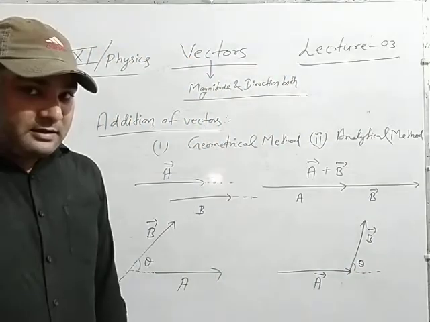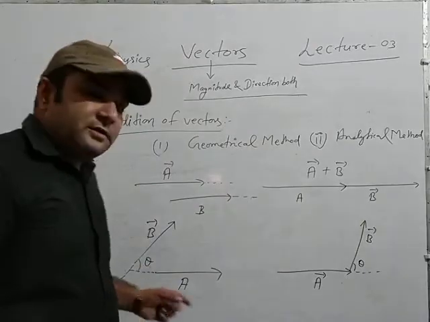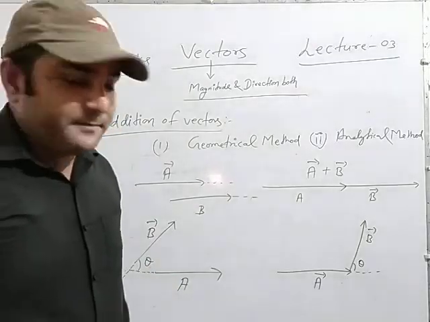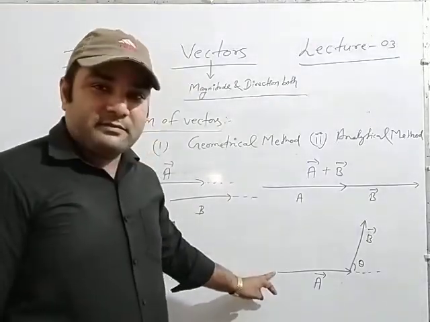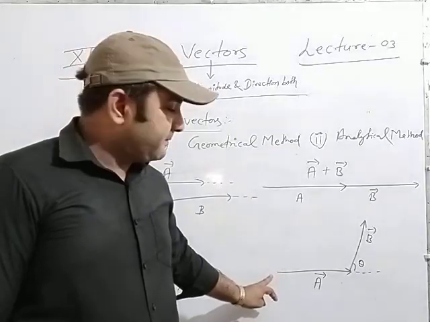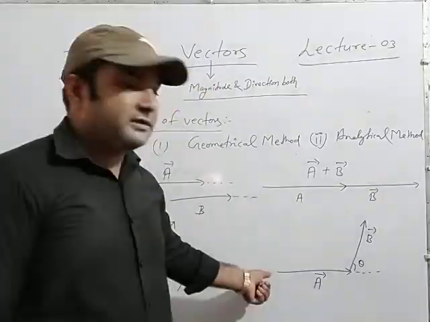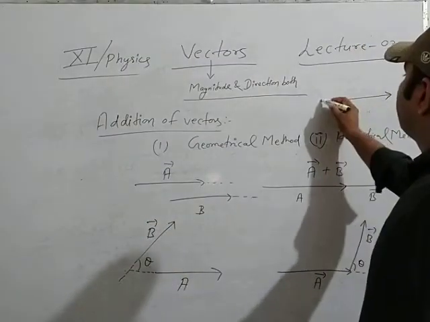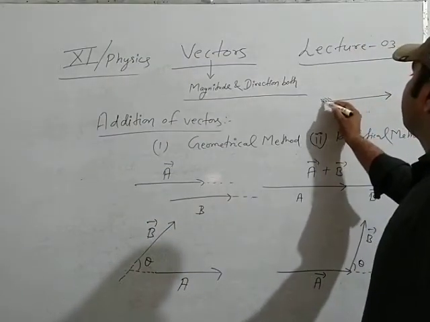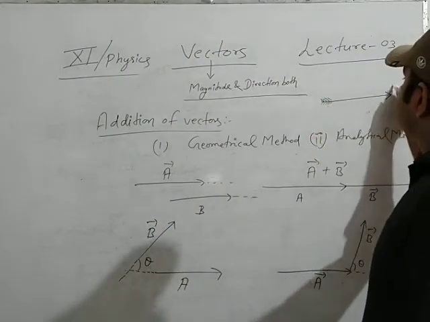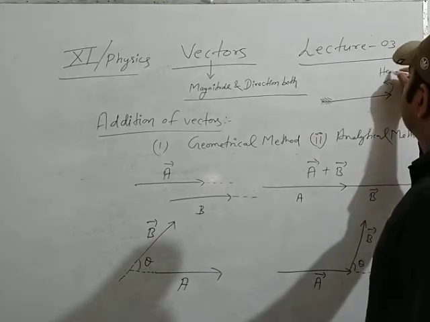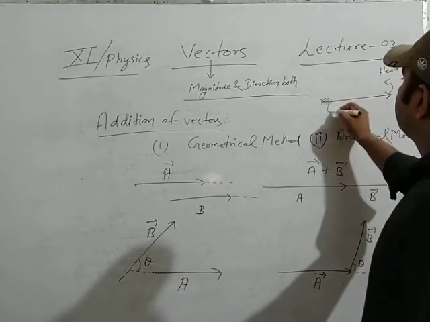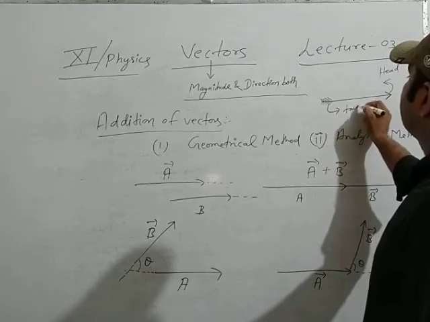Clear? Then after this, for getting A plus B, draw a line from the tail of vector A. Let me tell you this one point: vector representation is very simple. Suppose this is a vector, and here this is the initial point, and here this is the end point. This is the head, and this is the tail.